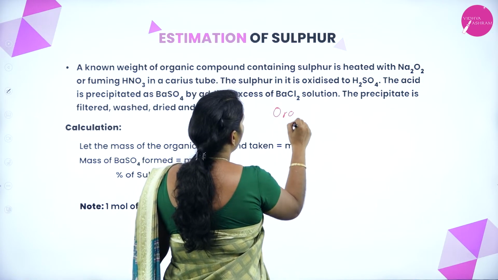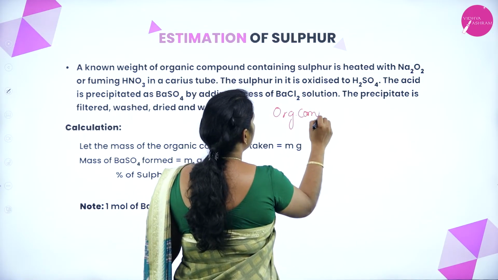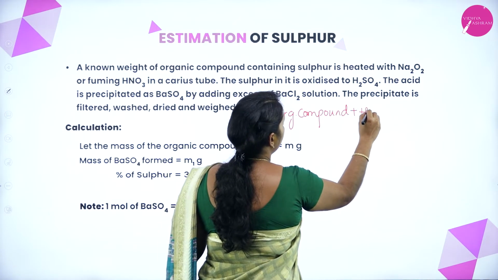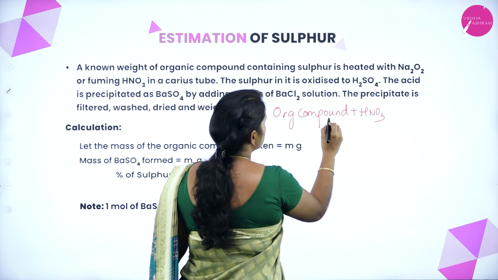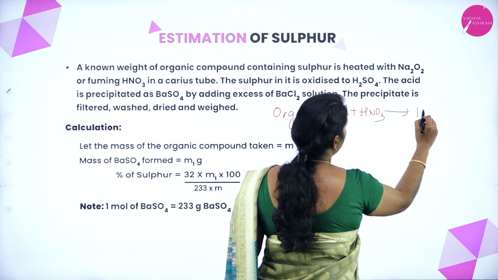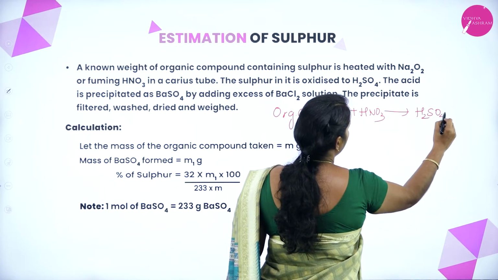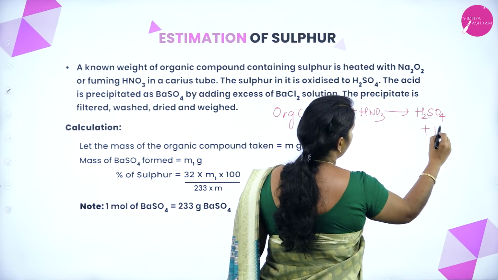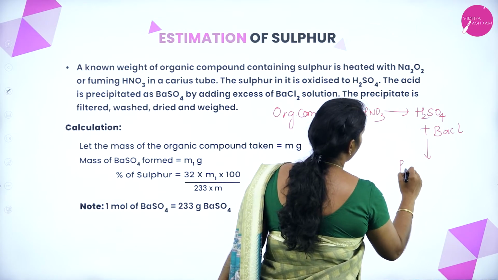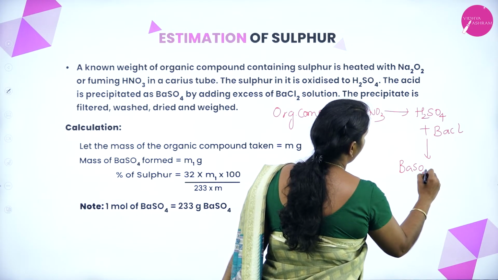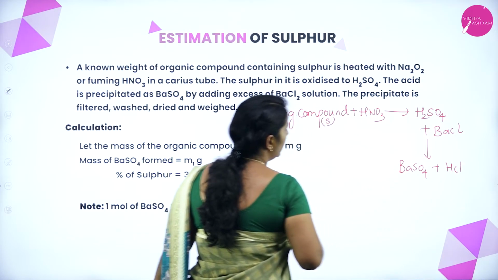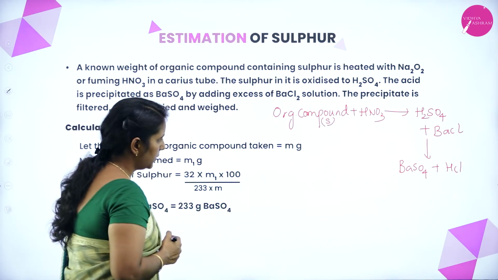You take an organic compound and heat it with fuming nitric acid, and whatever sulfur is there in the compound is converted into sulfuric acid. Later the sulfuric acid is treated with barium chloride. The barium combines with the sulfate as barium sulfate, and you get HCl, a gas which has been formed.